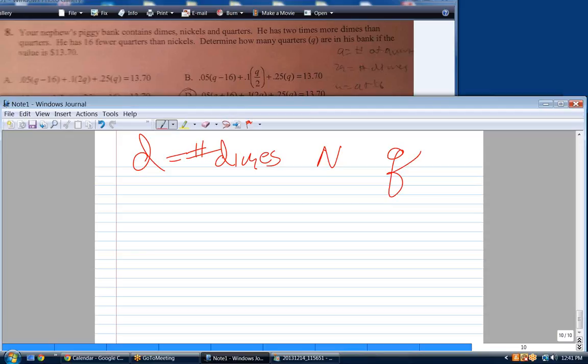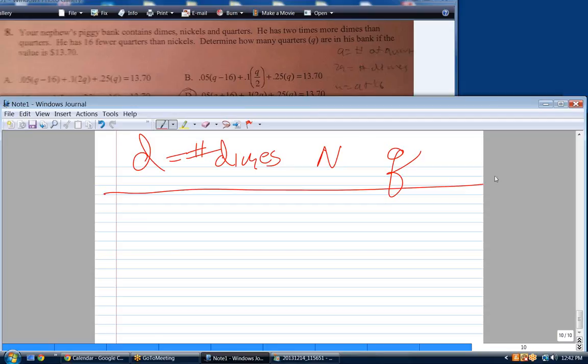For variables, for number of dimes, it would actually be 2Q. Why is that? If you look in the problem, he has 2 times more dimes than quarters. Well, that's going to be 2Q. Give us our equations. In other words, we just defined our variables, that's all.